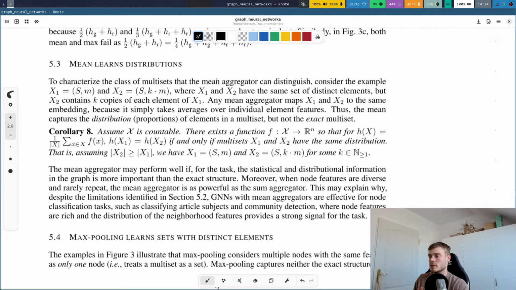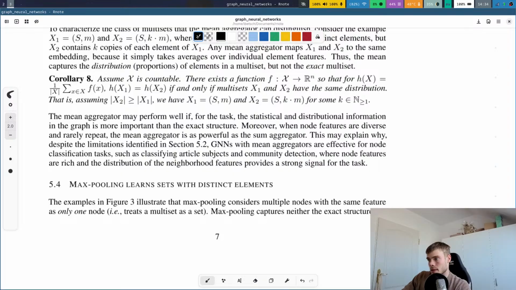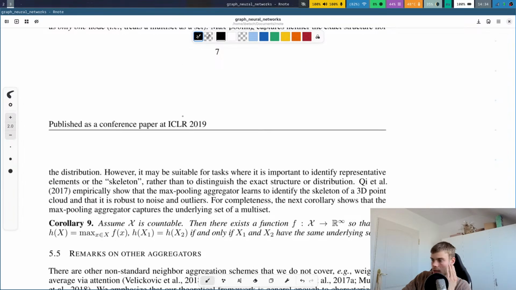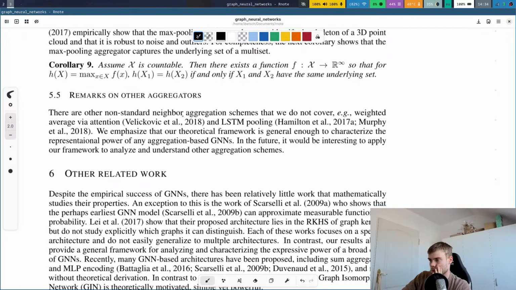Thus, the mean captures the distribution of elements in a multiset, but not the exact multiset, because there are many more in the second one. Okay, max pooling, this is the same thing. It deduplicates basically.